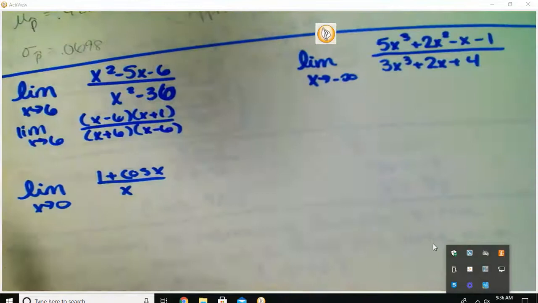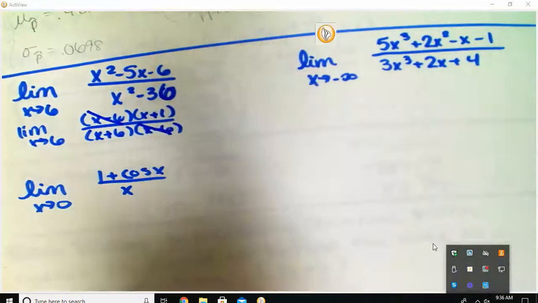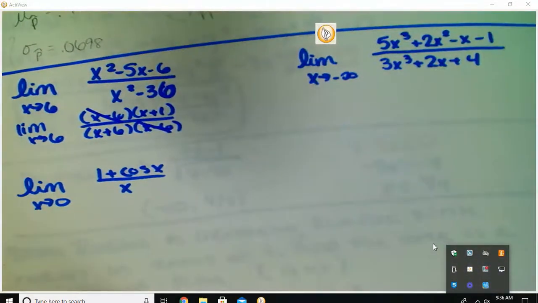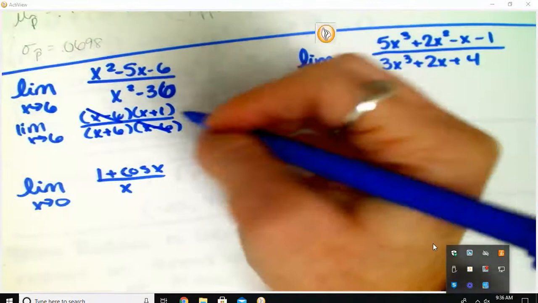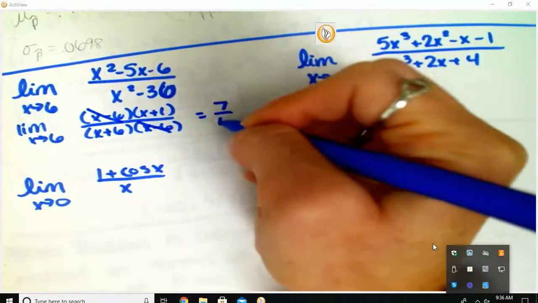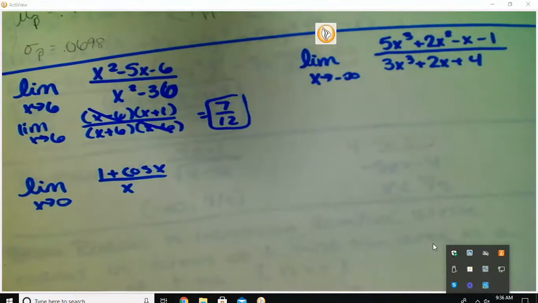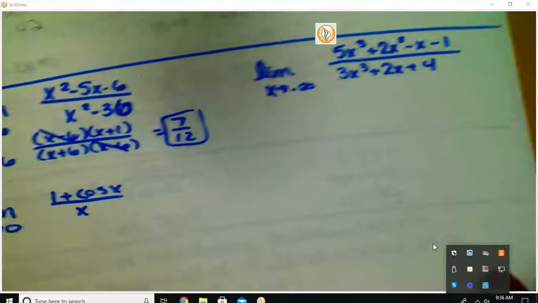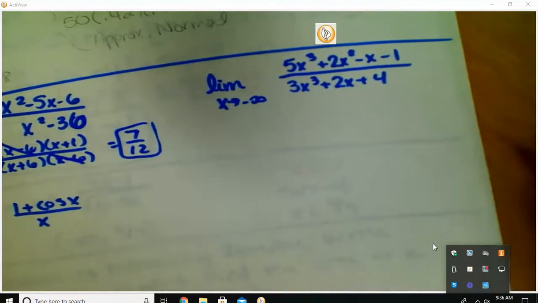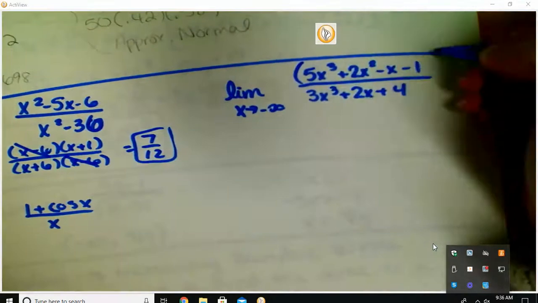The x minus 6 cancels out, and then are you able to plug in? Yeah, we got rid of the problem, so we get 7 over 12. So remember to factor and reduce. Second one, if you have an infinity problem, what do you do?